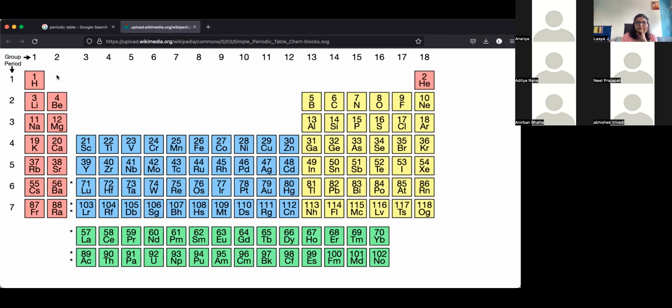So once you figure out which group and which period it is in, can you figure out what would be the valency? Silicon, you figured out it's in the 14th group and third period. Valency, though, if we know the atomic number, then automatically we'll get it. Good. Can you tell me what will be the formula of the compound that silicon forms with oxygen?